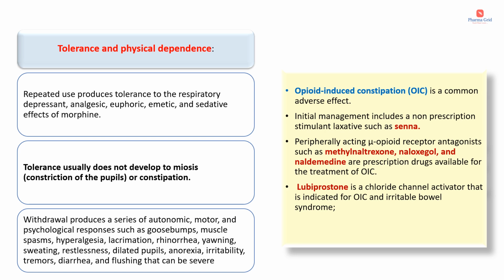Initial management includes a non-prescription stimulant laxative such as senna. Peripherally acting mu-opioid receptor antagonists such as methylnaltrexone, naloxone and naldemedine are prescription drugs available for the treatment of opioid-induced constipation. Lubiprostone is a chloride channel activator that is indicated for opioid-induced constipation and irritable bowel syndrome.